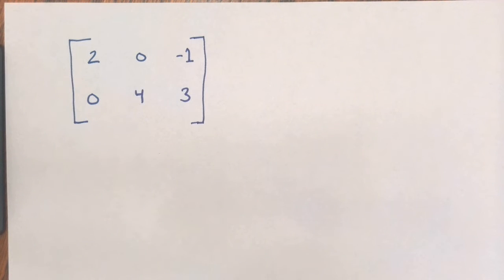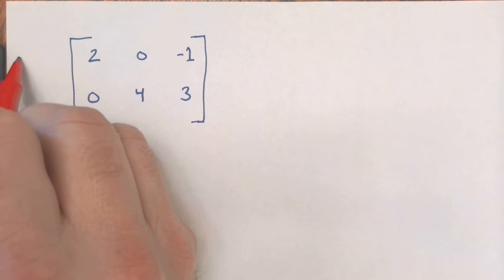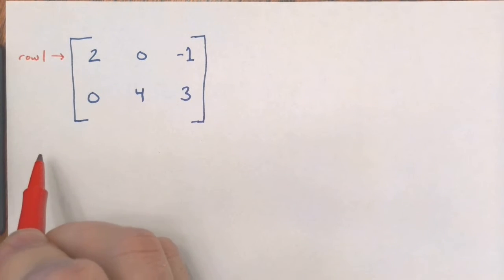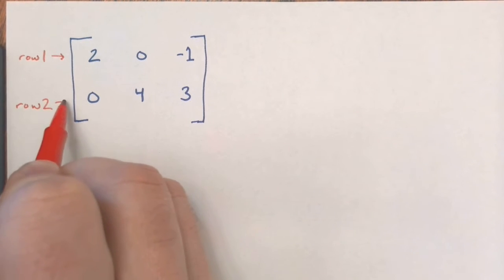The rows are horizontal. So there is row 1 and row number 2.